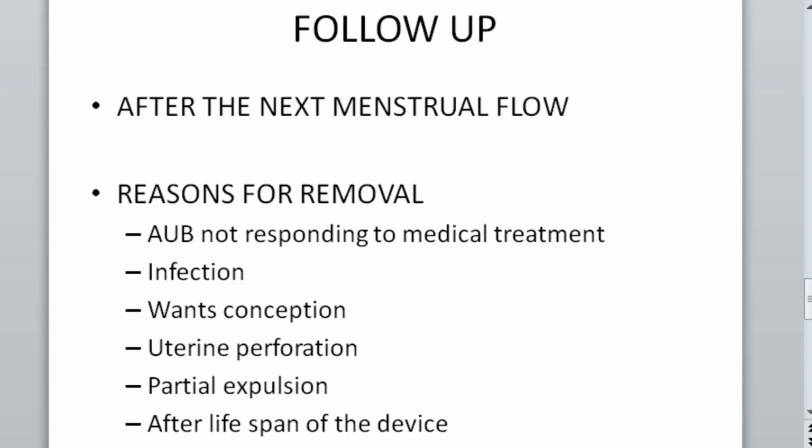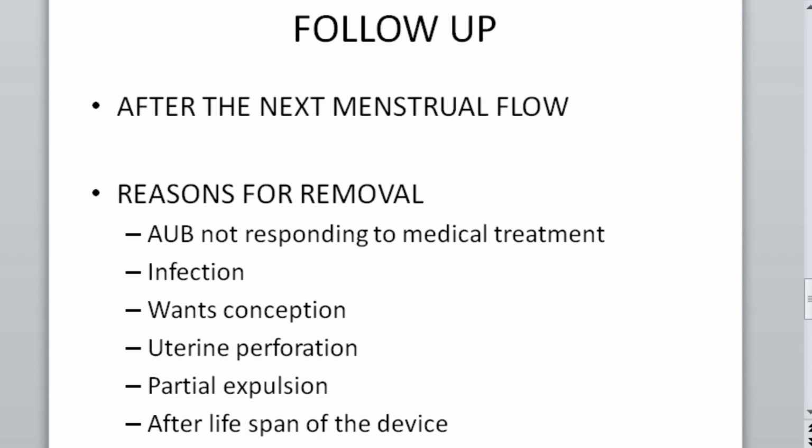And further, if 2 or 3 years have passed, and she wants to have another child, again you can remove the copper T as she wants a conception. And in cases of a uterine perforation, as it is a foreign body, it will cause an intense inflammatory reaction and it would require the removal.